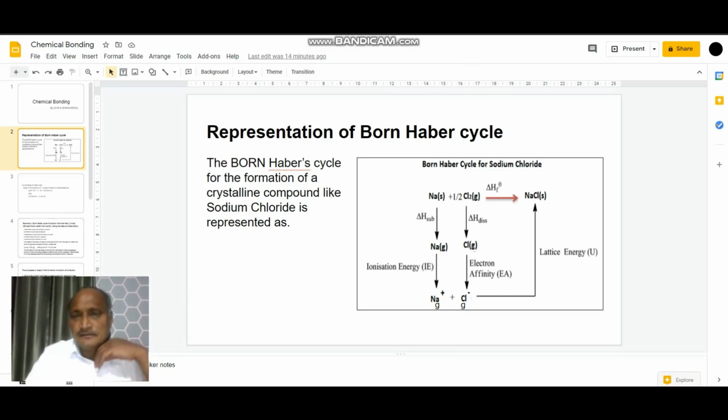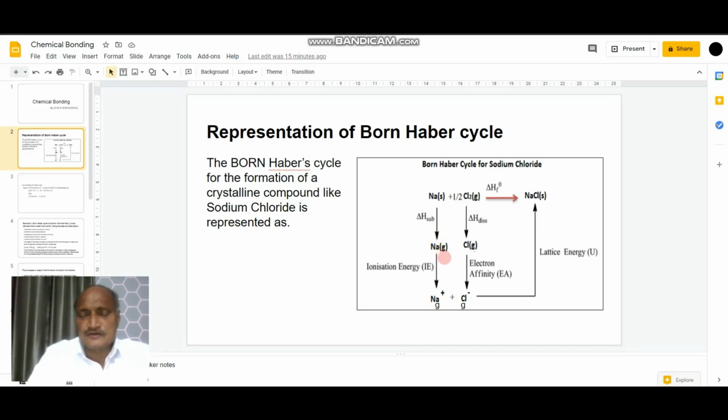Here, when solid metallic sodium is subjected to a certain amount of energy called sublimation energy, indicated by S, the solid sodium is converted into the gaseous state.